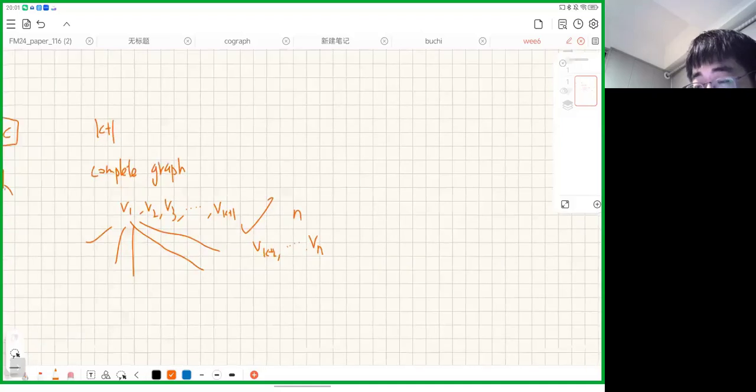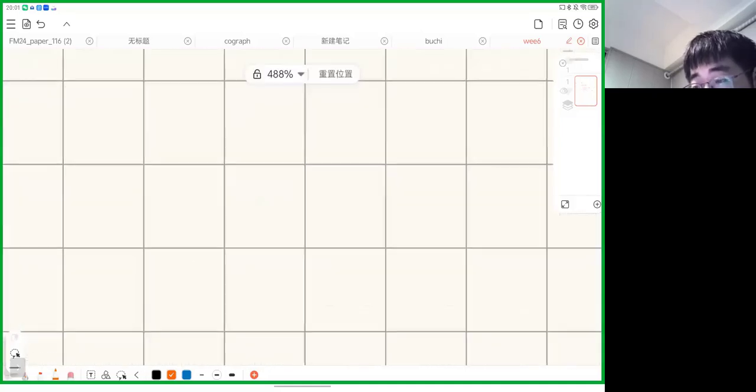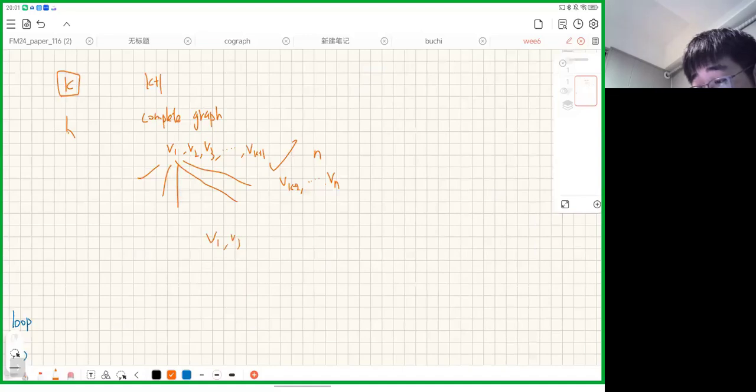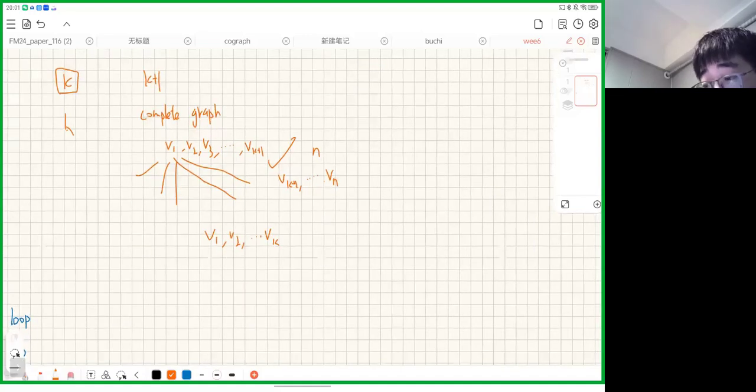And then we can just replace our vertex cover with V1, V2, up to Vk. Because V1 is included, all the other parts of this graph should already be covered, because all the edges are connected to V1. Then we are done for this.